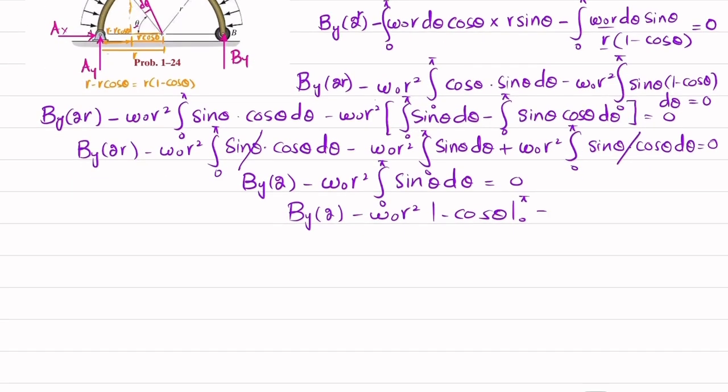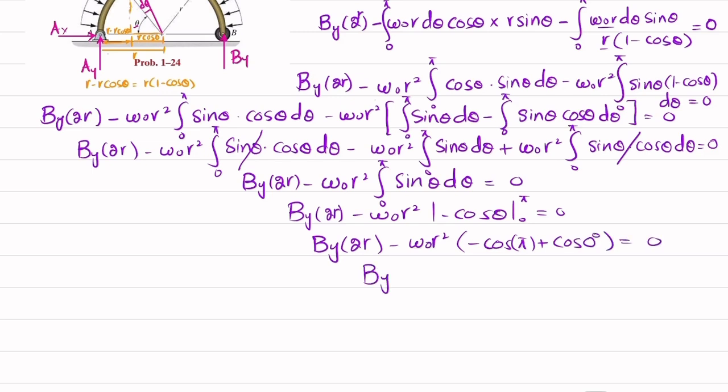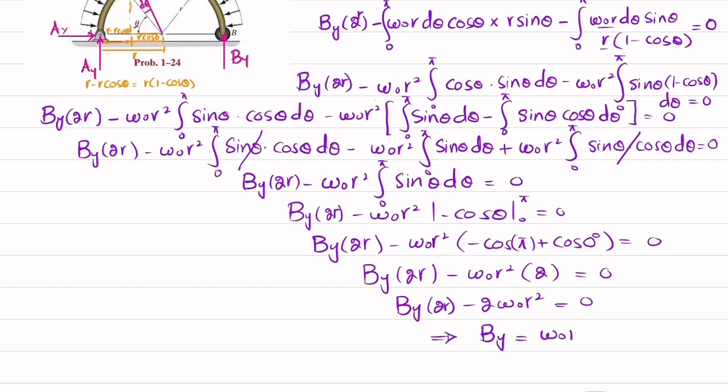So we will get By into 2r minus W naught r square, and that will be minus cos of pi, minus minus will be plus cos of 0 degree, is equal to 0. So By into 2r minus W naught r square, and this is 2. You can calculate it, this is 2. So By into 2r minus 2 W naught r square is equal to 0. So from here you will get By is equal to W naught into r.